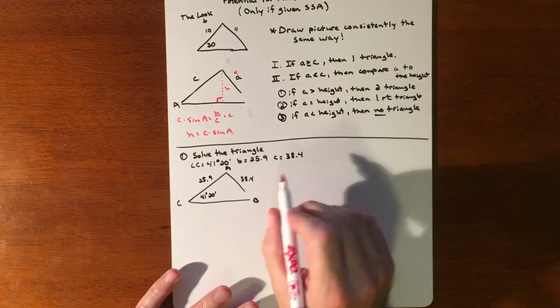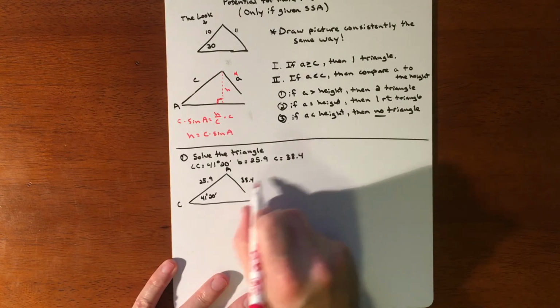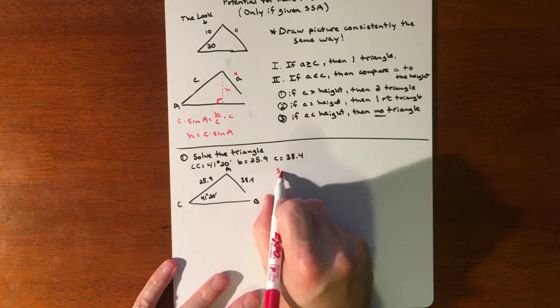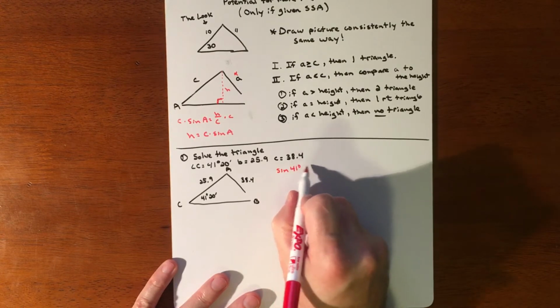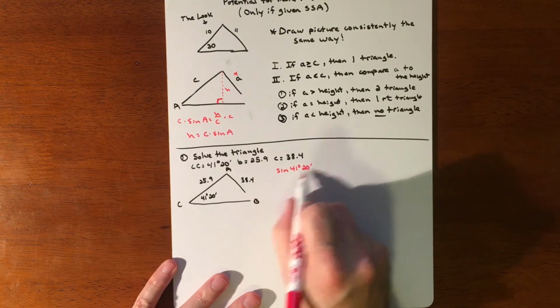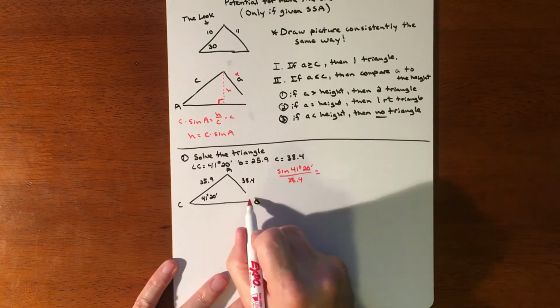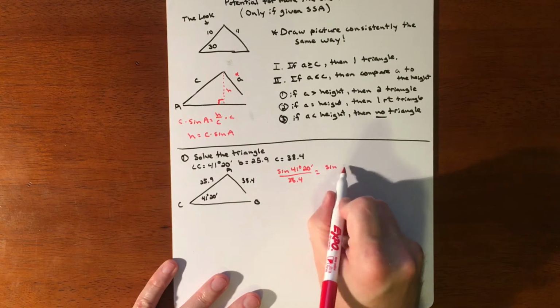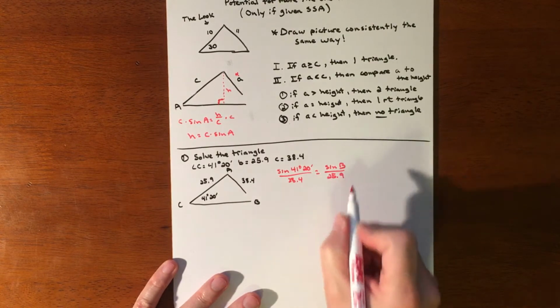There's something in this that I want to make sure you're good with, the calculator part of it. But we'll start to set it up. I have one full fraction, so it's definitely a law of sines problem. So sine of 41 degrees, 20 minutes over 38.4 is going to be sine of B over 25.9.